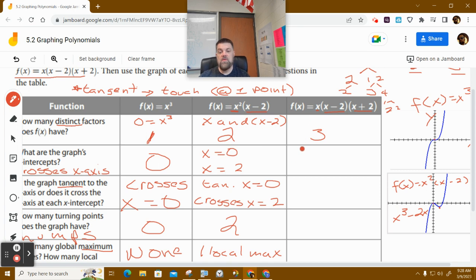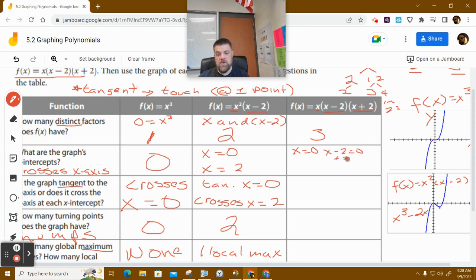Now I know that if I set each factor equal to 0, if I say x equals 0, that's it. Actually, let me make some room. This is how you can find this, and we'll graph it. If I set each one of the factors equal to 0, I'm going to get x equals 0.